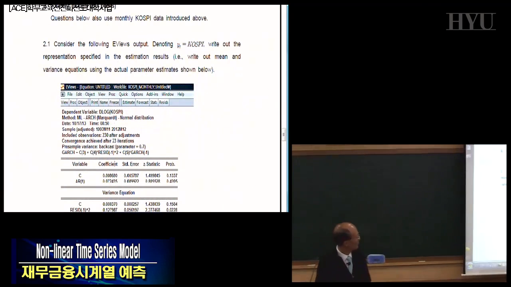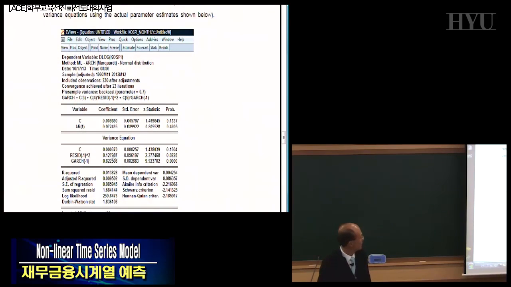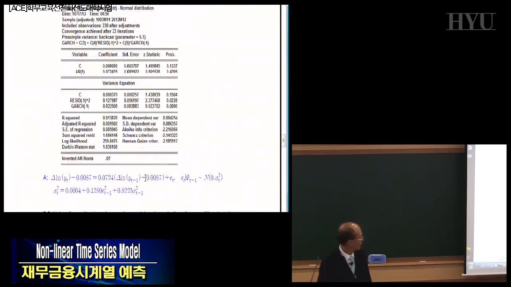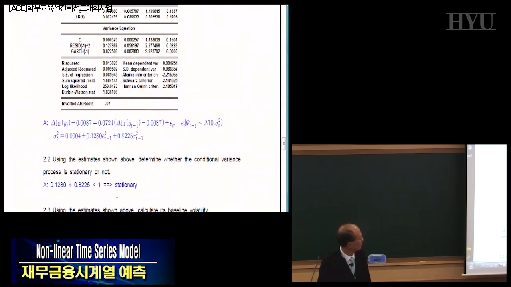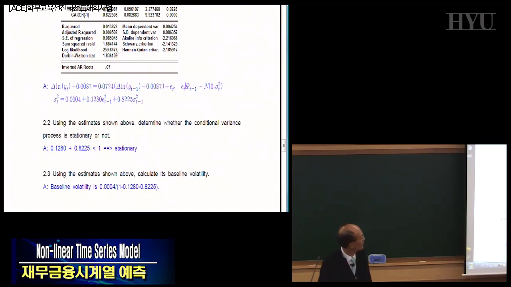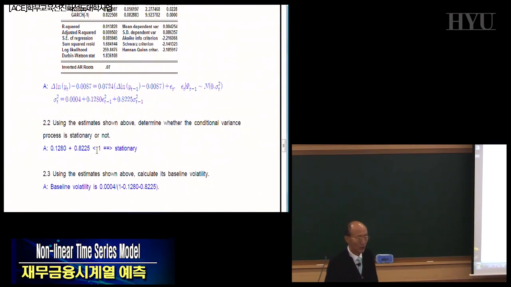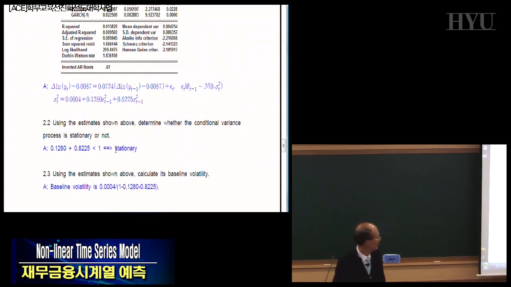In the volatility model, writing this output in this form. Okay. Mean equation and the variance equation. And sum of these two coefficients is less than 1, so it's stationary.